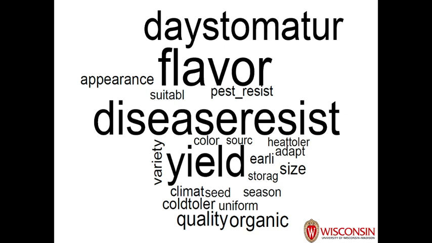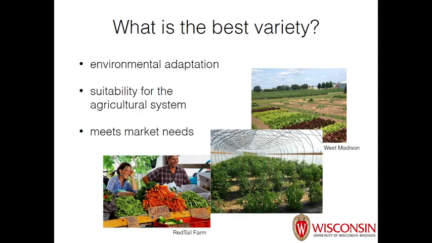And again, those qualities are important across the board, but how they display themselves is going to vary depending on the system that they're grown in and the location that they're grown in. So some things to keep in mind when we're thinking about how we choose the best variety for our farms. Environmental adaptation is very important. Is it something that is going to do well in my short season, or do well in my very long dry season?